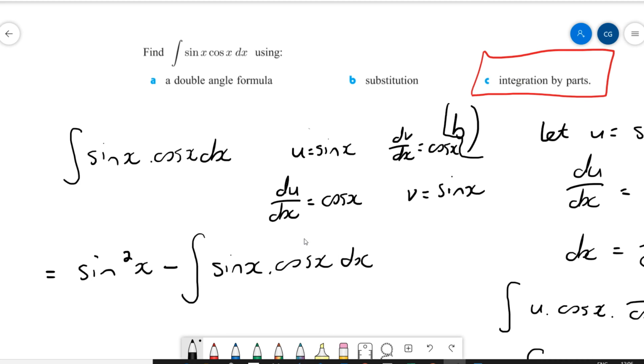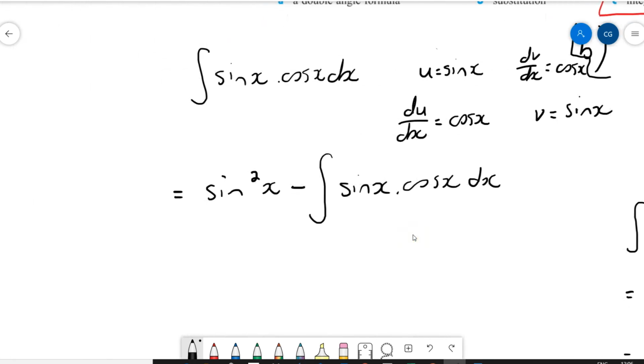Now at this stage, you should notice that we are subtracting our original integral. So imagine we have said that the integral of sine of x times cosine of x dx is equal to the following. I notice that these two integrals are the same. So if it is a subtraction by this integral, I can add it on both sides.